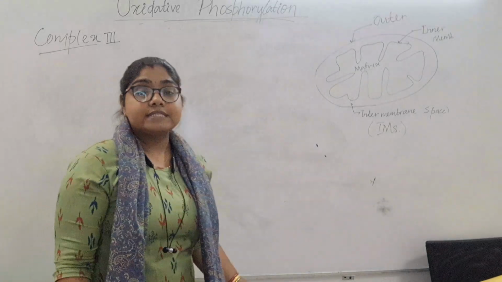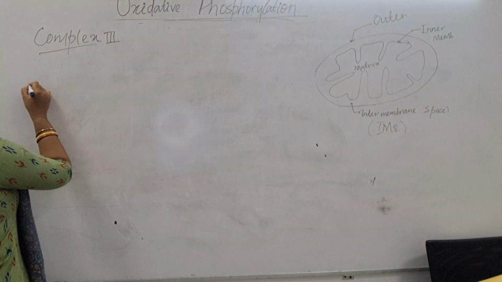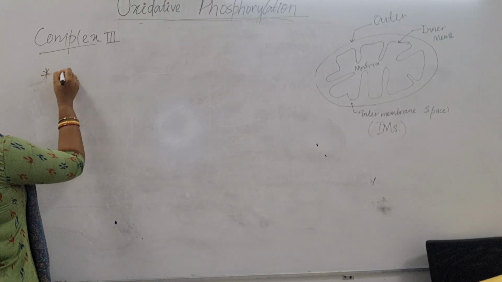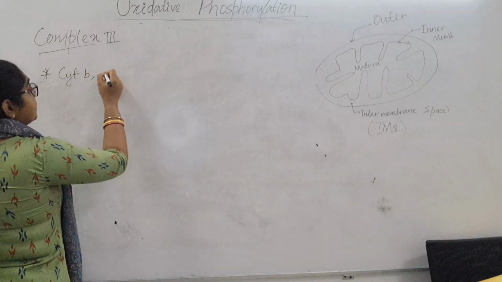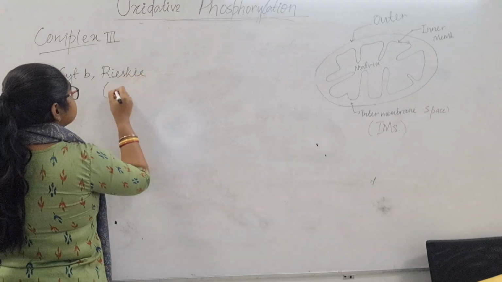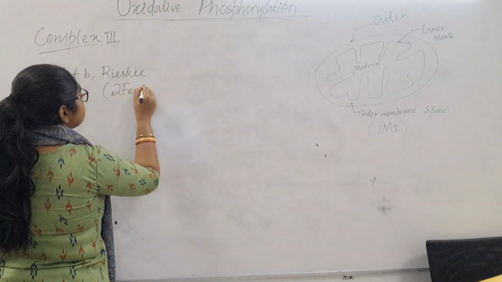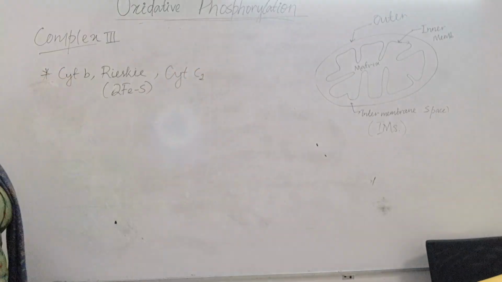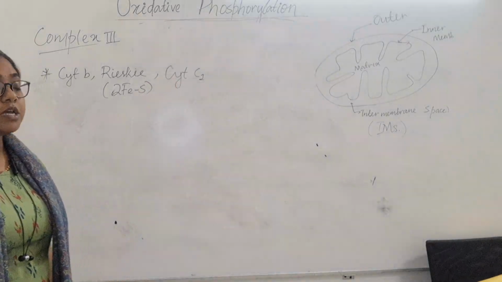Complex 3 is known as the cytochrome bc1 complex. Why? That we will see. Complex 3 consists of cytochrome b, a Rieske center that consists of 2 iron sulfur clusters, and a cytochrome c1.